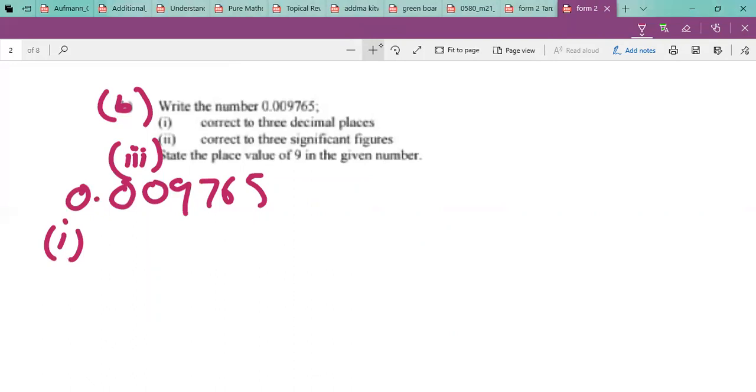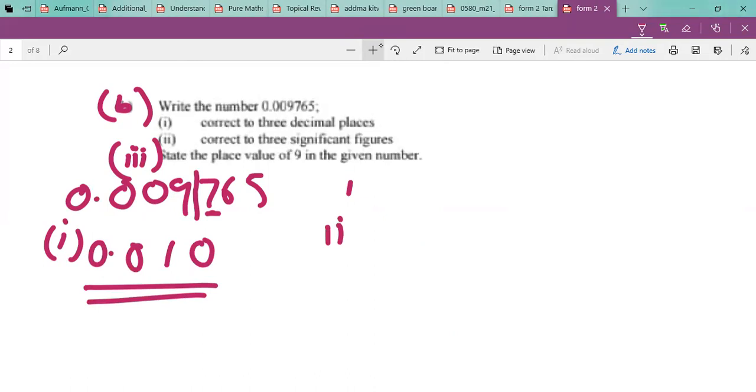After the point, we count 3 digits: 1, 2, 3. You cut here and consider 7 as 1. 1 plus 9 is 10. You write 0 and keep a 1. That 1 plus 0 is 1. So the answer is 0.010.